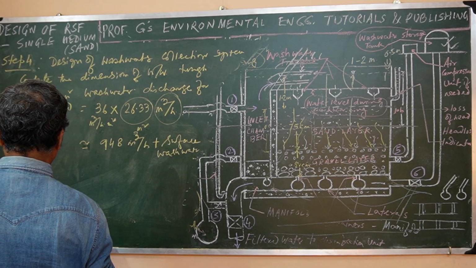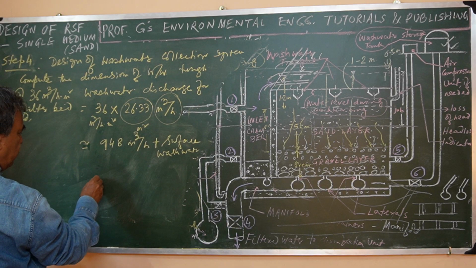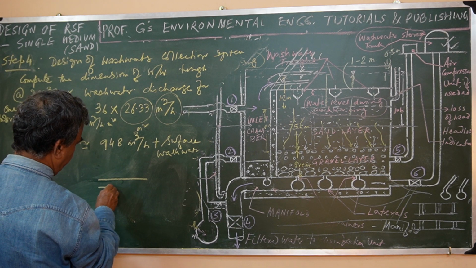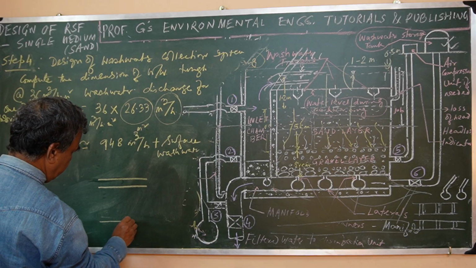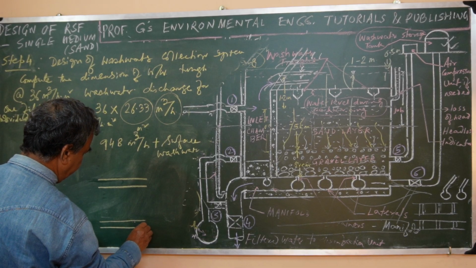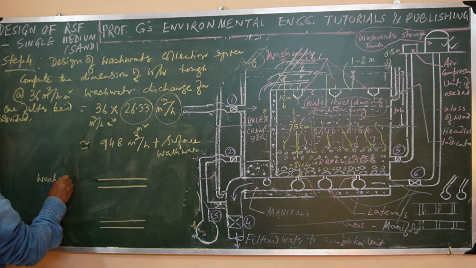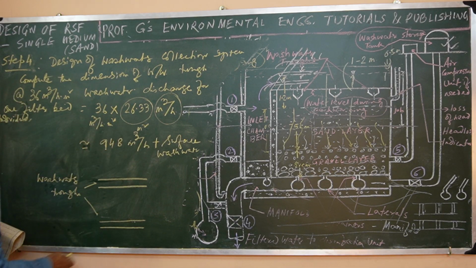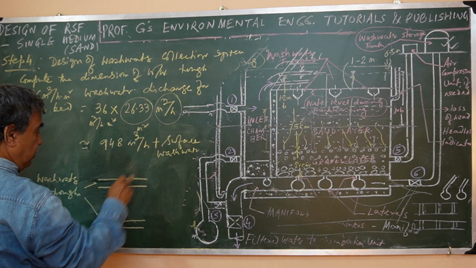So if we assume, and we also explain, that suppose this is a trough, a single trough, say, right, and another wash water trough. These are all wash water troughs, right? This one, and maybe others. Now these are horizontally placed, as you see here, horizontal.